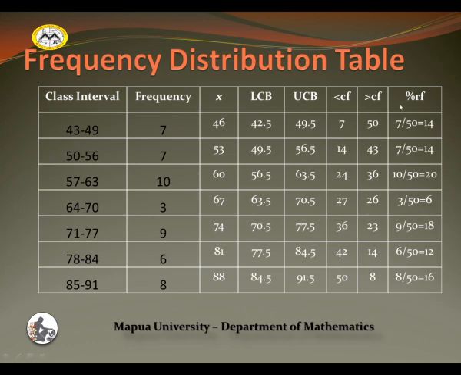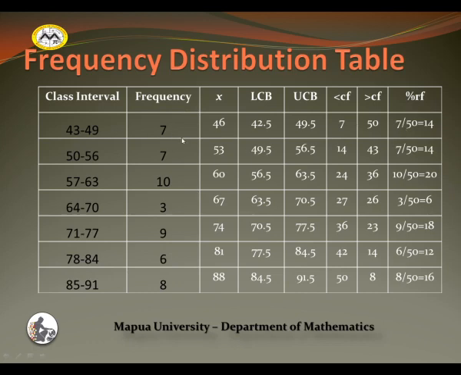The relative frequency refers to the ratio of the frequency of each class interval to the total number of frequency. The total number of frequency here is 50 because that is the total number of observations. To determine the percent relative frequency, simply multiply by 100.